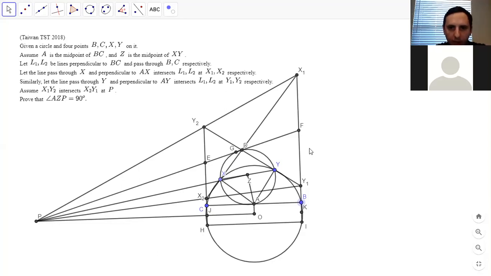So can we try to use this? Let's see. What if we have triangles X1, X2, K, and Y1, Y2, J?